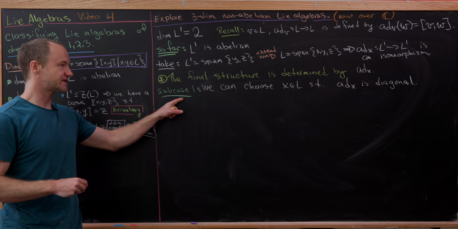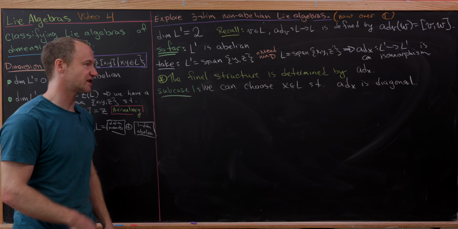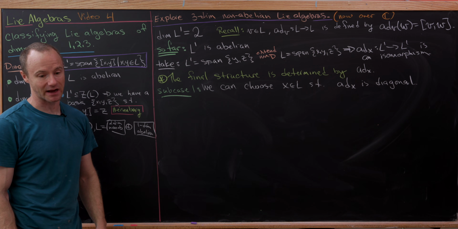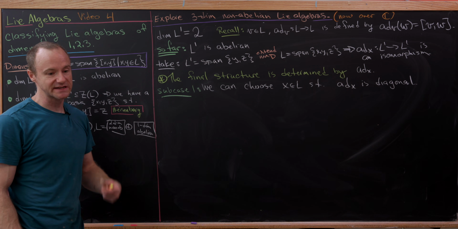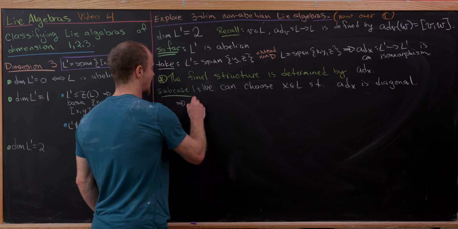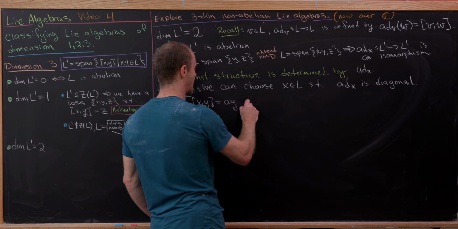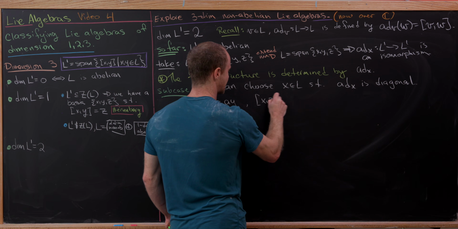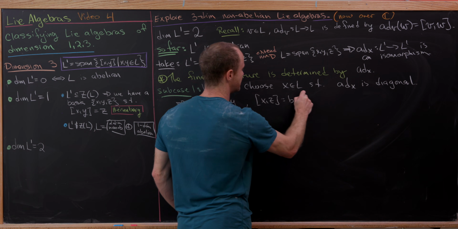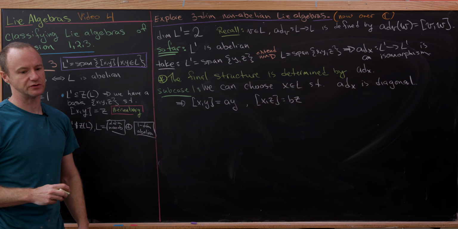So our first subcase is, well, we can choose an x in L such that ad x is diagonal. Okay, so let's look at that case. Well, that means that we have the bracket of x with y is equal to ay, and the bracket of x with z is equal to bz. And then all other brackets are equal to 0.